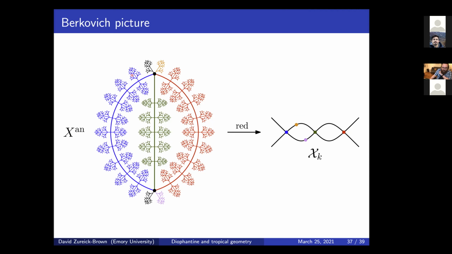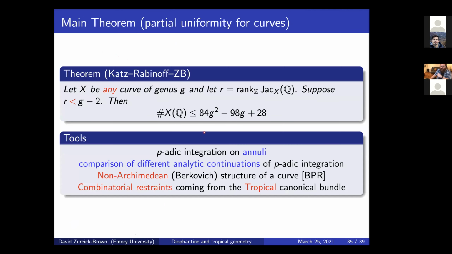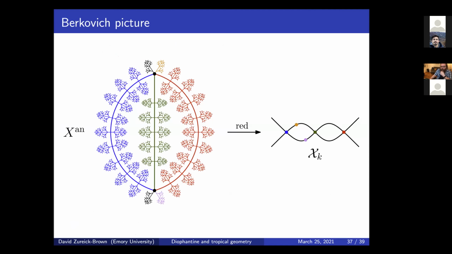And then you can still pick them out because if you take these integrals, or as we later figured out, they're really path integrals, these integrals between points vanish exactly when, at least when, the points are rational. So the way to get a theorem like this is to look at this analytic picture and analyze what these integrals look like and find a way to bound the number of solutions to them.